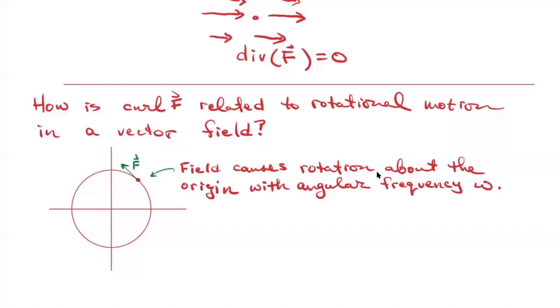So this point right here, its position vector is just going to be x comma y. That's not the field, that's the position.